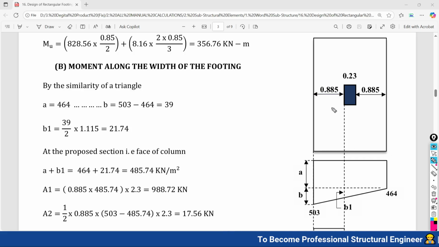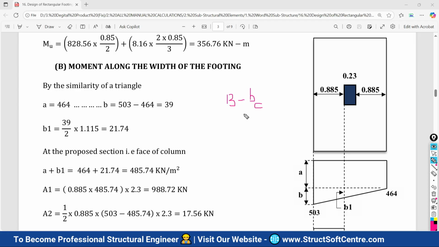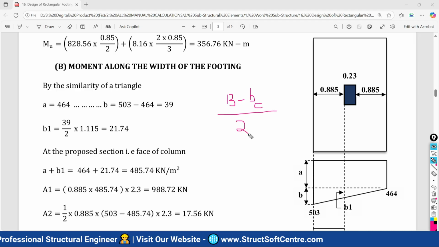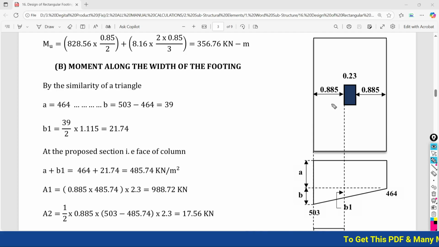It is very simple to calculate: total width minus width of your column divided by 2. If you do this calculation, you will know the projection. So we have done the calculation and the projection from the face of the column up to the edge of the footing along the width is 0.885 meter.